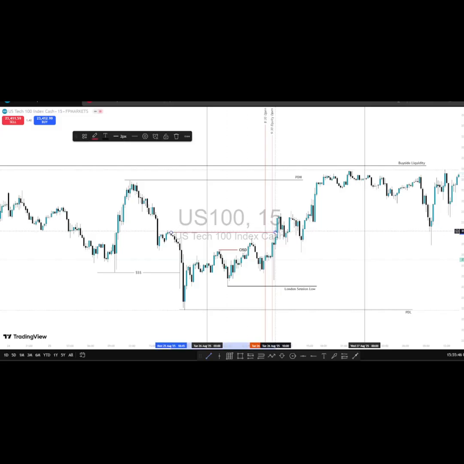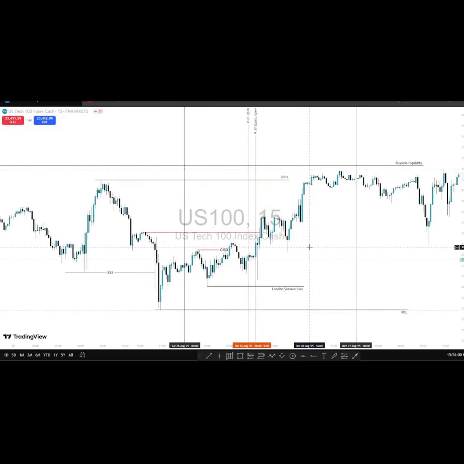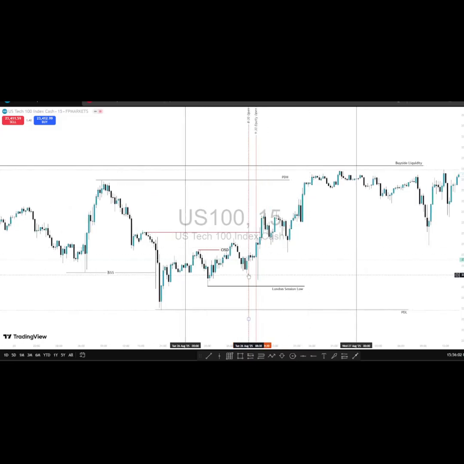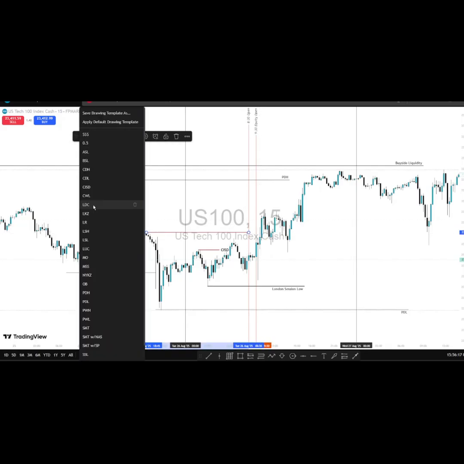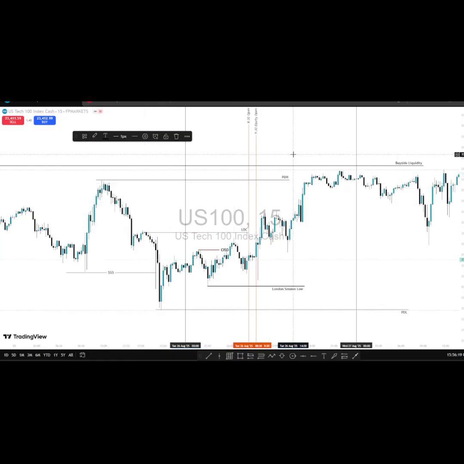Okay, all right, I want you to note that we had that sweep occur later in the day, so bear in mind that the 8:30 and 9:30 open had not formed. So basically this was only labeled as my last down close candle.